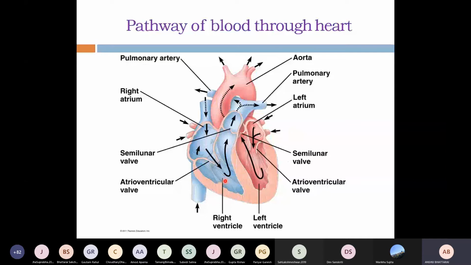The atrioventricular valves prevent backflow from the ventricles to the atria during systole, and the semilunar valves prevent backflow from the pulmonary artery and the aorta during diastole, the filling phase of the heart.